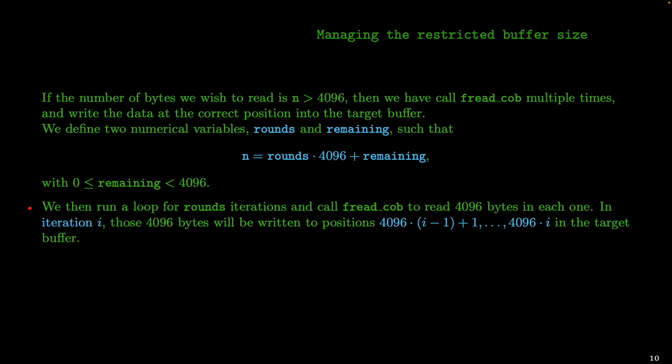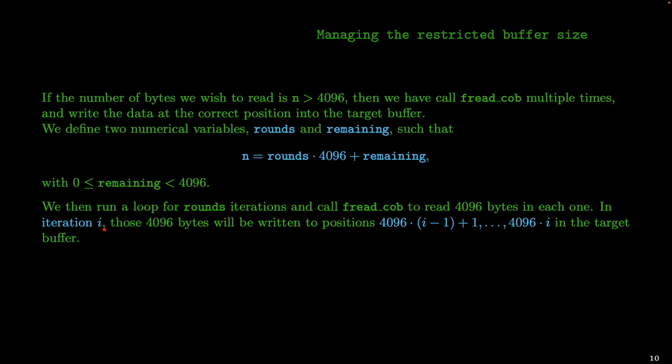What we do then is we run a perform loop for rounds many iterations. So the number that we computed in this way is the number of iterations we will perform in the loop, and in each iteration we will call fread to read the full 4 kilobytes.